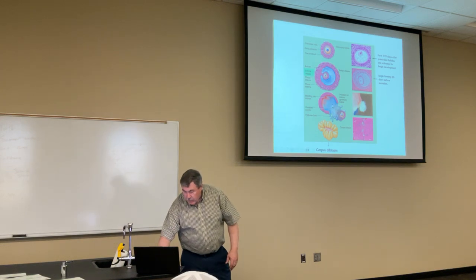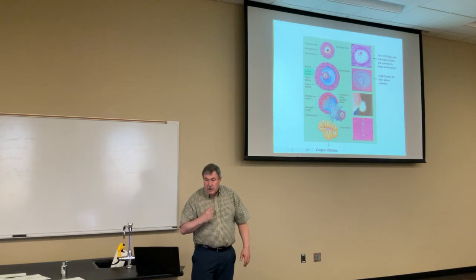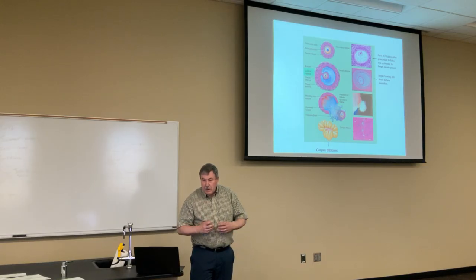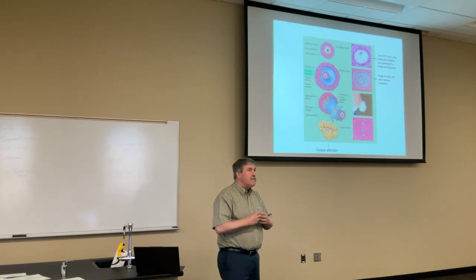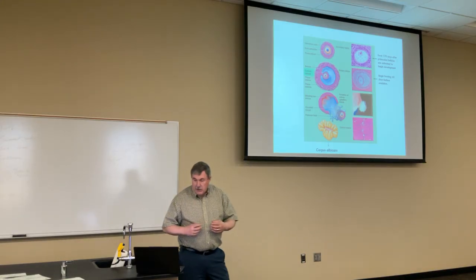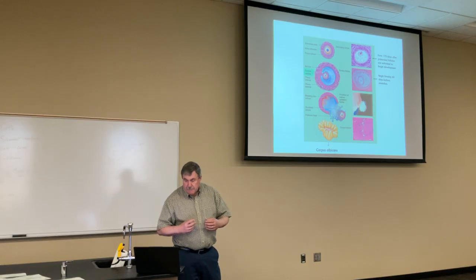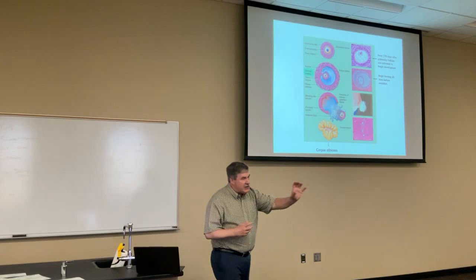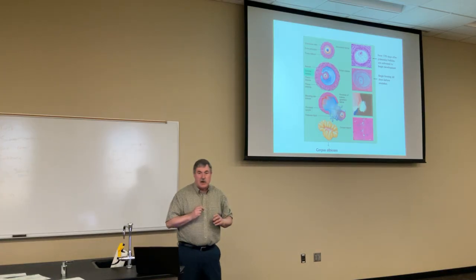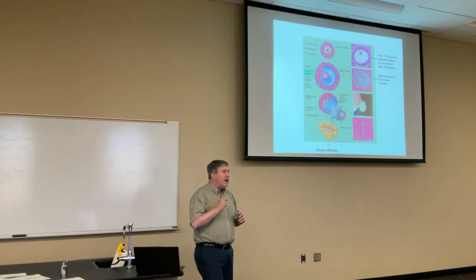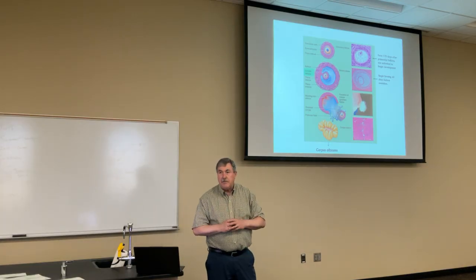So about the midpoint of the reproductive cycle in the female, the mature follicle starts absorbing water, and the walls of the follicle start to thin, and it pushes out on the surface of the ovary, and there's a little nipple-like structure that appears on the follicle called stigma.